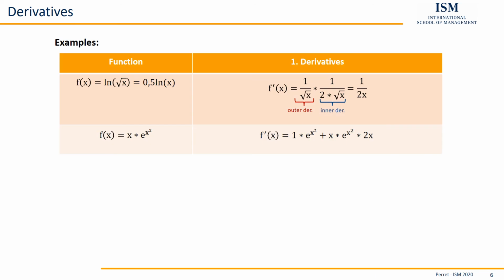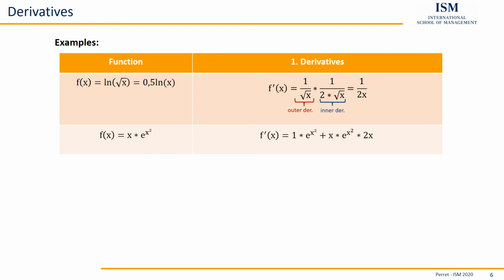I would, however, go to the next set of 2 examples, in particular the first one, the function ln of root of x. Again, you could solve this with the chain rule, but you could also make your life a bit easier.